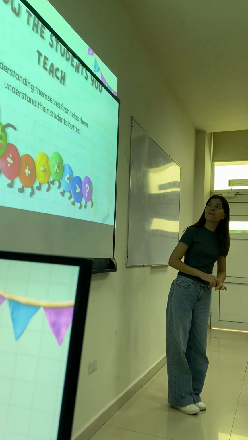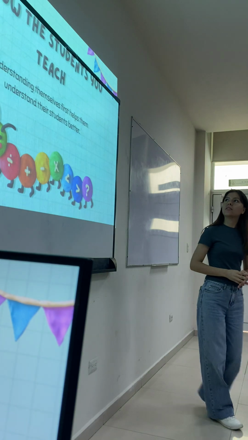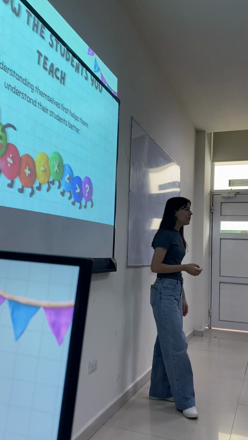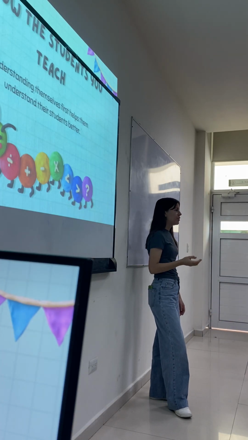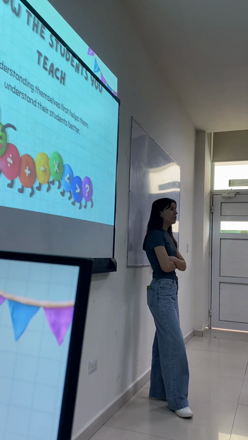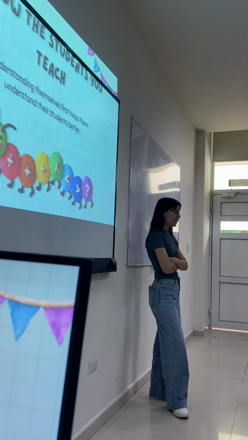The other is know the students you teach. Understanding yourself and your peers helps in understanding the students better. For example, I am a shy person and I live in Allende, not in Monterrey. So it can be difficult for me at the beginning of the classes to be more interactive.